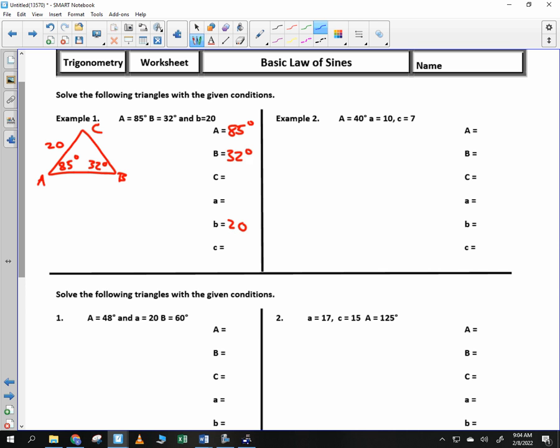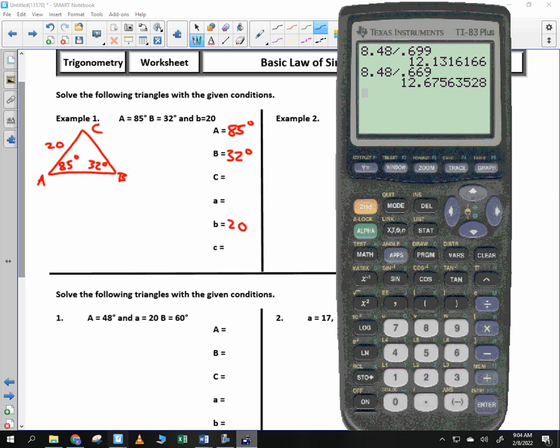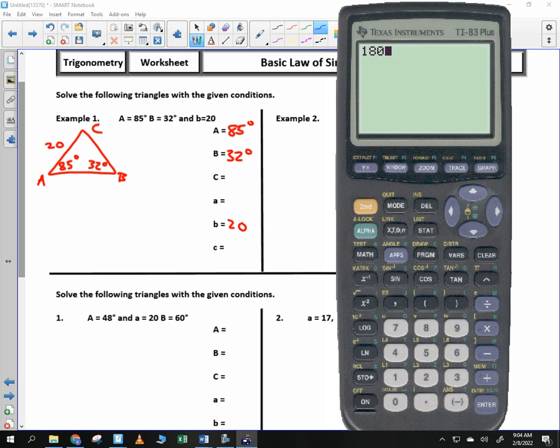So we're going to follow very similar to what we just did. You tell me which is the first part that you would like to find. Other angle. Sophie says that all the angles add up to 180. So I took 180 minus 85 and minus 32. 63. This is not a right triangle. And because it's not a right triangle, I can't use SOHCAHTOA. So set up the law of sines for me.